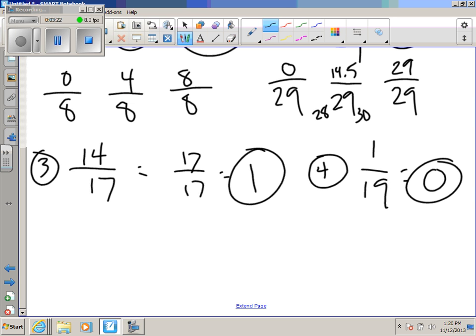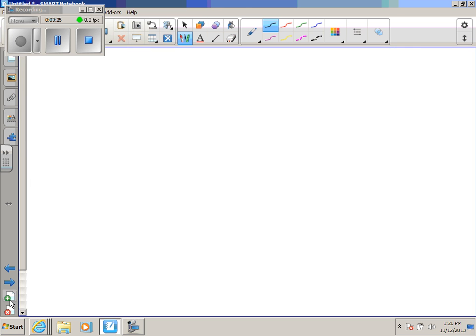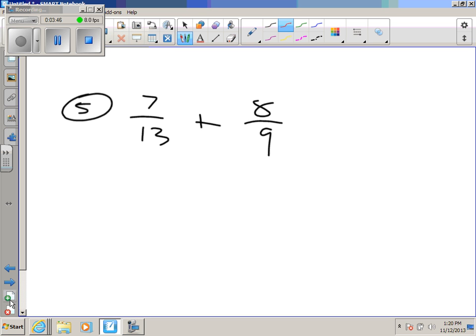5 through 8, I saw a blank on more than a couple of tests. Basically, we're going to take the same principles that we used in 1 through 4 and apply them for 5 and 6, because those are regular fractions, and we're just going to either add or subtract them. So for number 5, we have 7/13 plus 8/9. Well, if 7/13 was one of the fractions in the first 4 problems, would we say that this is closest to 0, half, or 1?